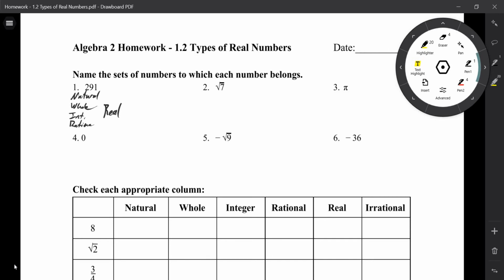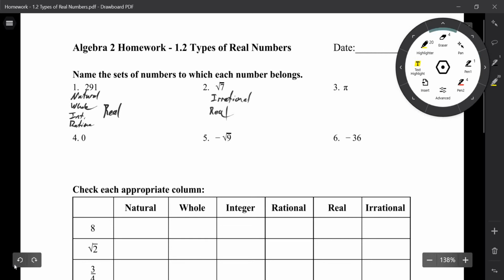Rational numbers are, remember, numbers that can be expressed as a fraction like 1/2 or 3/4 or even 1/3, even though that turns into 0.33 repeating. The square root of 7 does not do that. It is an irrational number. So that is irrational. And above all, it's real.